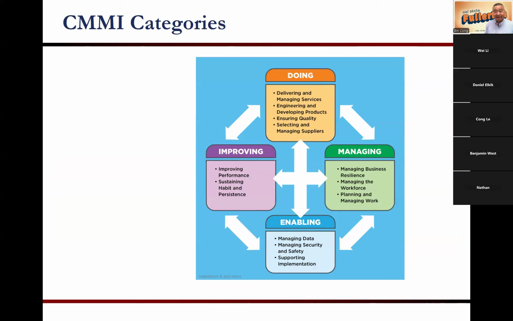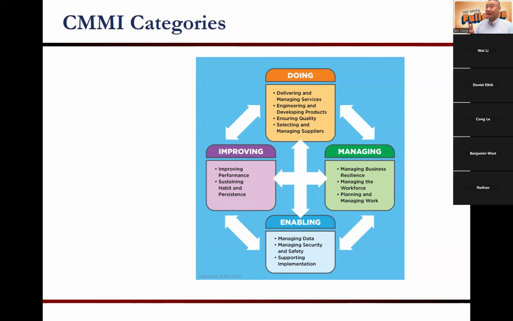So what we have in CMMI now is actually different from 1.3. Starting from 2.0, this has been evolving. The CMMI team basically looked at a company: what are the important areas or competencies we need to have in order to build a successful company, business, organization?